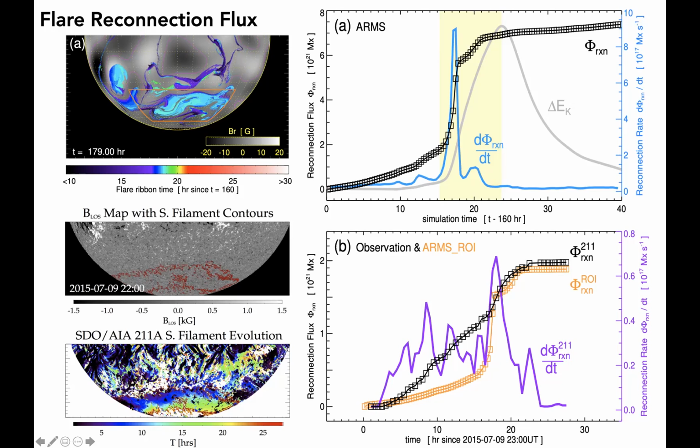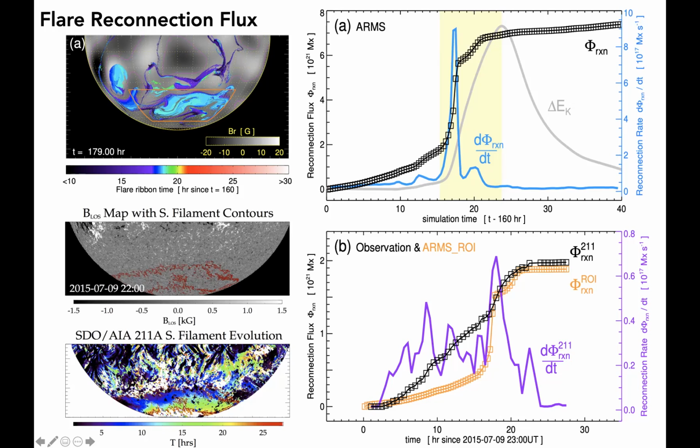And then here's the time evolution in the same color scheme, where you see the very first parts of the reconnection happen close to the polarity inversion line, and then in time it fills in perpendicular. So here are the actual numbers.